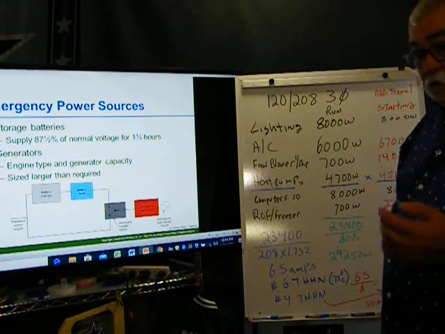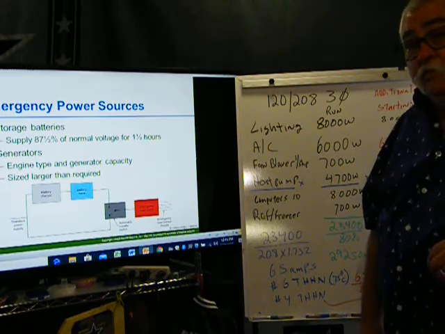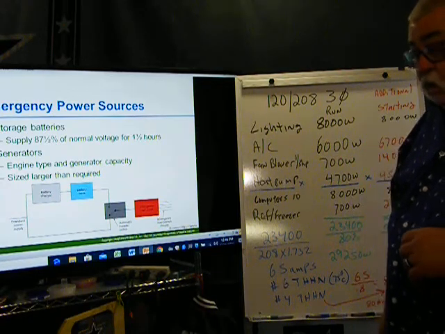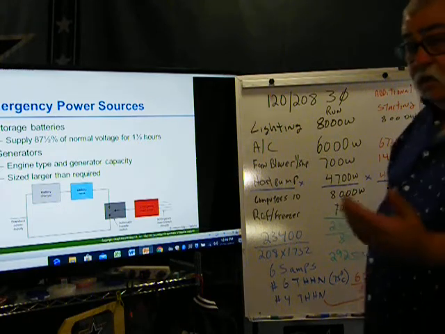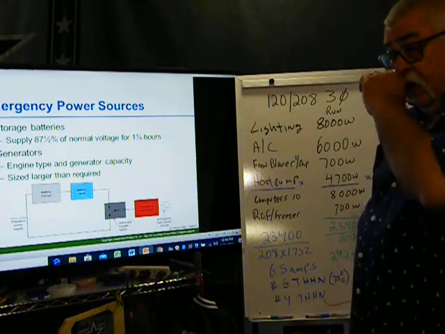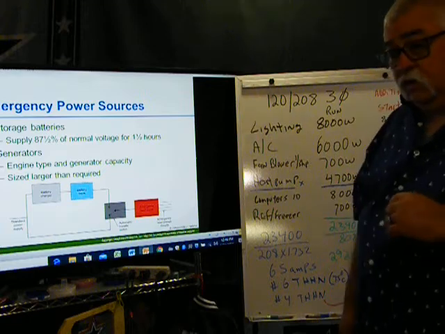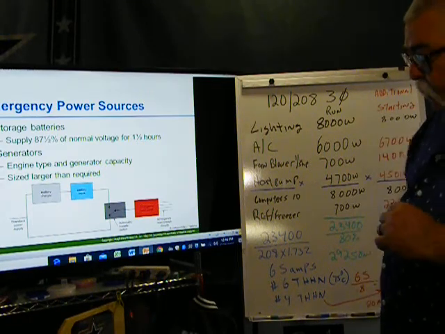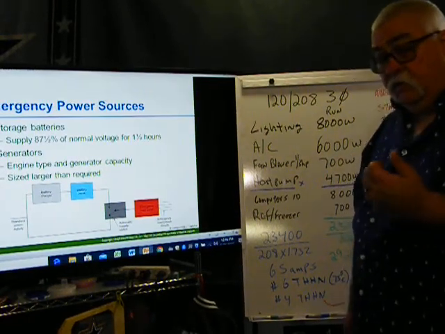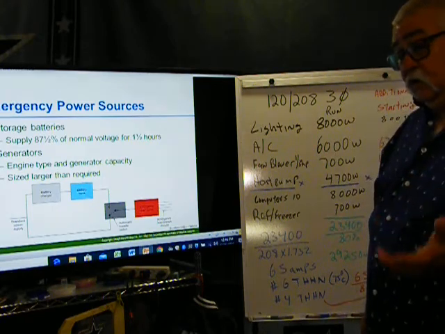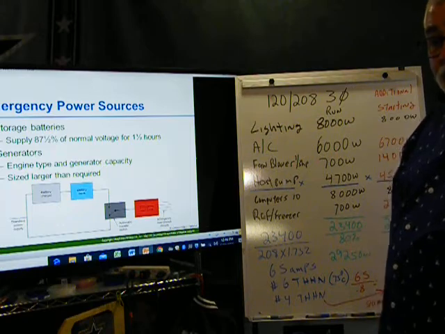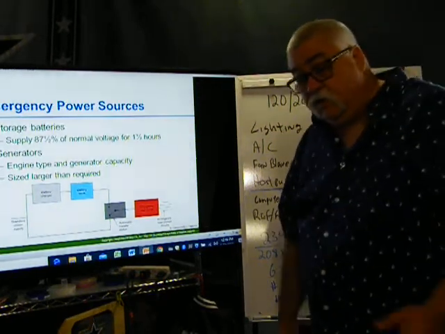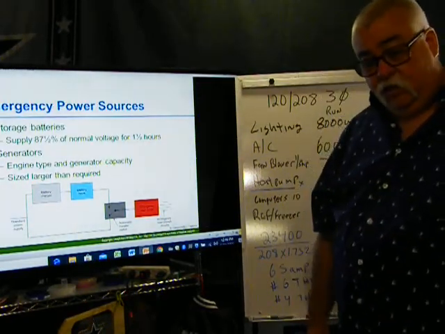You know, according to the sheet, I could use something smaller. There was a calculator, one that Mike Holt uses for generator sizing from Generac, and the calculator said all I needed was a 19 kW generator.